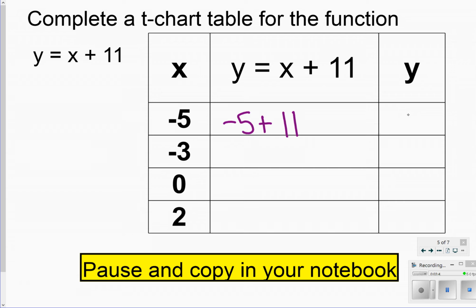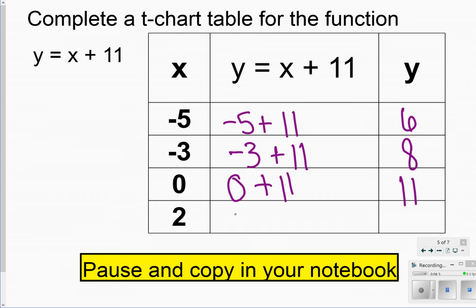And when we combine those, we get 6. So when I put in -5, the output will be 6. Okay, let's put in our -3 value. So x is now -3 plus 11, and that answer is going to be 8. If I plug in 0 for x and I add 11, then I get 11. And if I plug in 2 for x plus 11, I would now get 13.